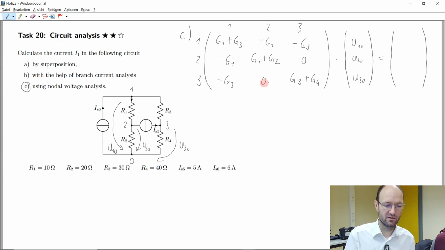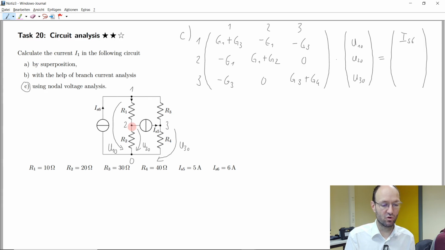And here we had the branch currents from these resistors, and on the other side we just had the sources that were connected to each node. So at the first node we have this source, and this source is flowing onto the node. So we have plus IS6.